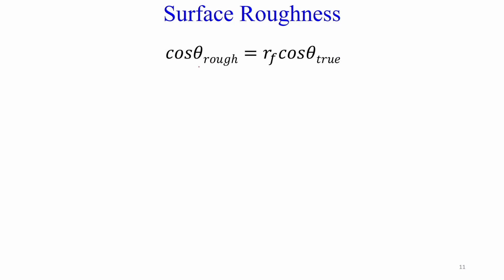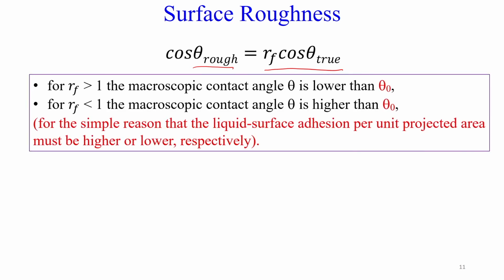So, cos theta of the rough surface is RF times the cos theta of the true or the actual surface. Now, the RF value can be greater than 1, or it can be less than 1. If the RF value is greater than 1, then theta will be lower than theta 0, and if RF is less than 1, it means theta will be higher than theta 0.